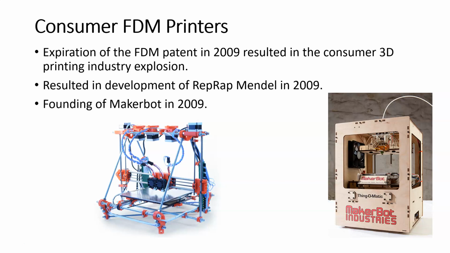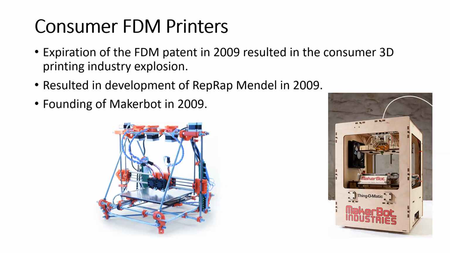So we really wouldn't be having this class, and you wouldn't be able to print things at home, without the expiration of that patent in 2009. It resulted first in the development of a 3D printer called the RepRap Mendel in 2009. That was really the first non-Stratasys 3D printer that hit the market.